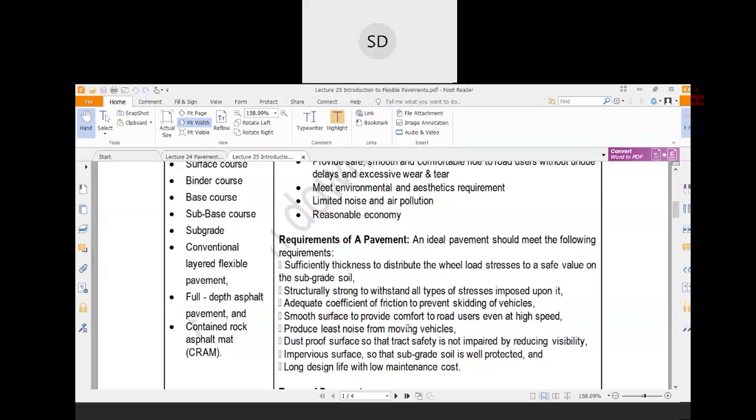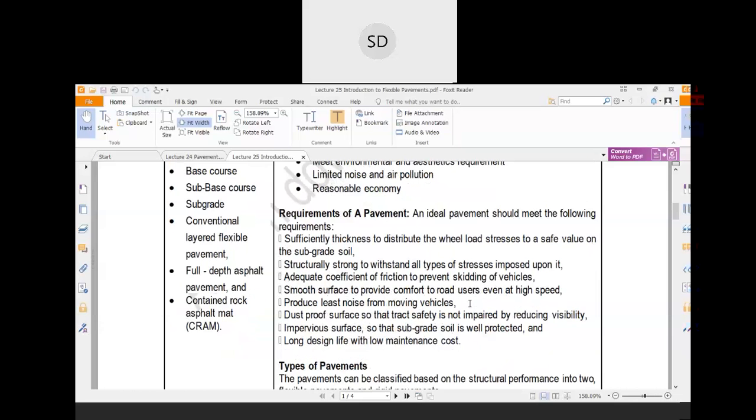Then an impervious surface so that the subgrade soil is well protected. If excessive water gets through the different pavement layers, it will weaken the underlying subgrade layer, which will ultimately reduce the effectiveness of the pavement. Finally, a long design life with low maintenance cost.